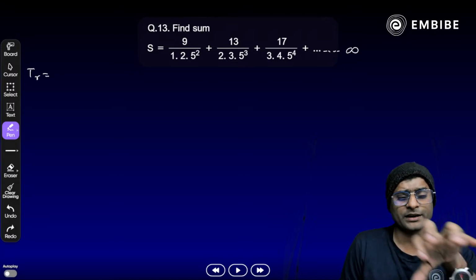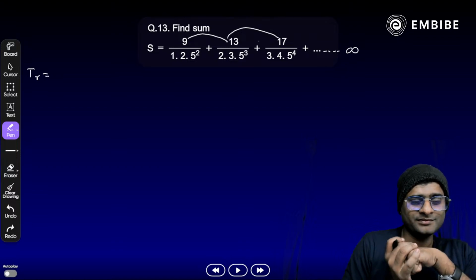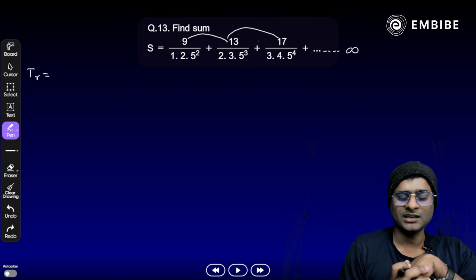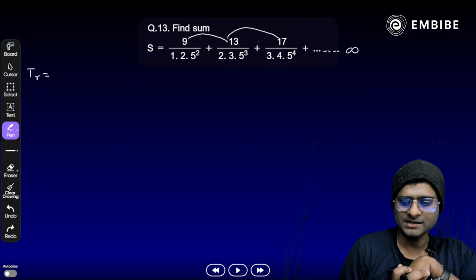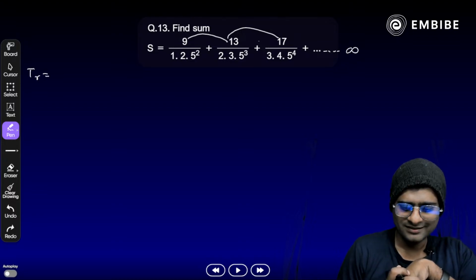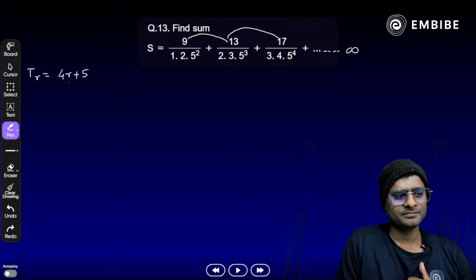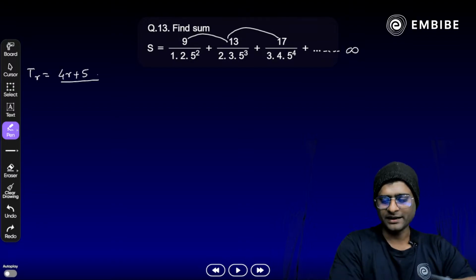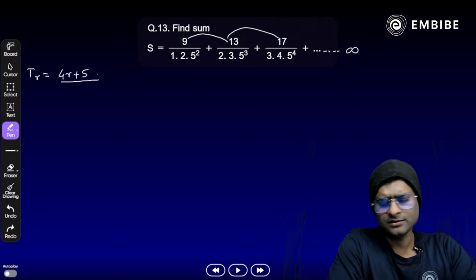First let's look at the numerator: 9, 13, 17 is an AP, plus 4 and so on, so that should be 4r plus 5 at the numerator. What is happening in the denominator?